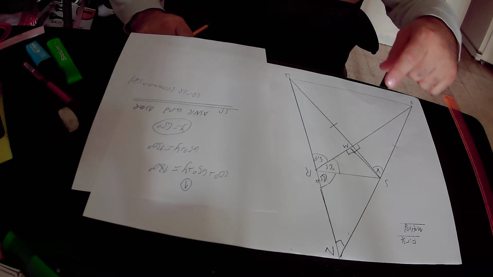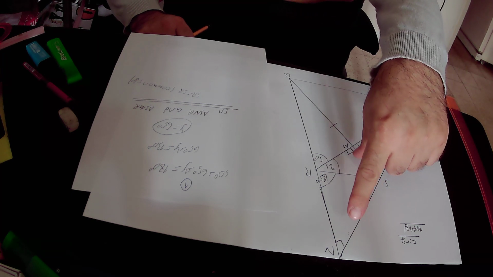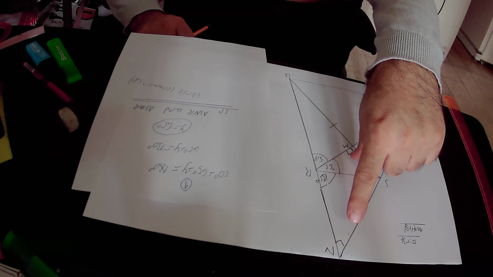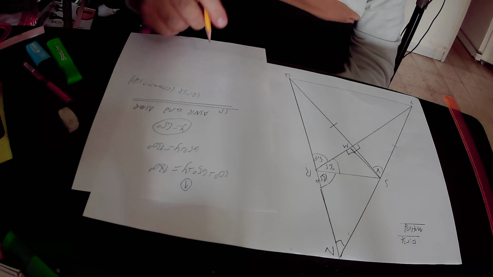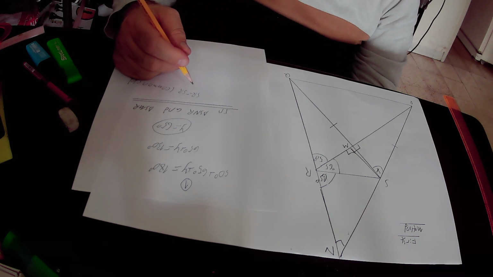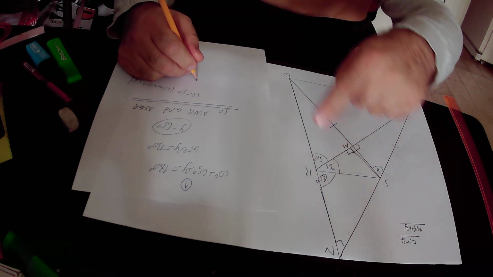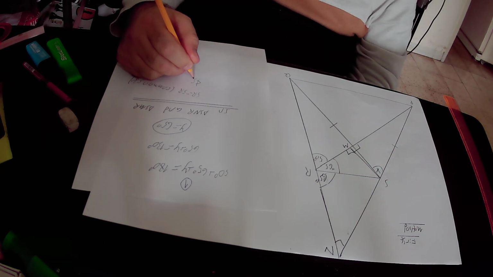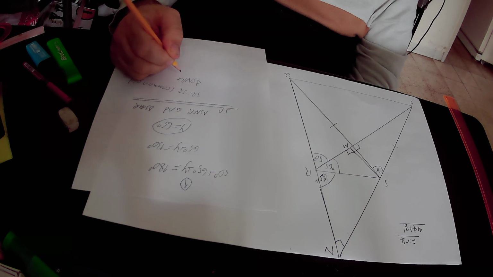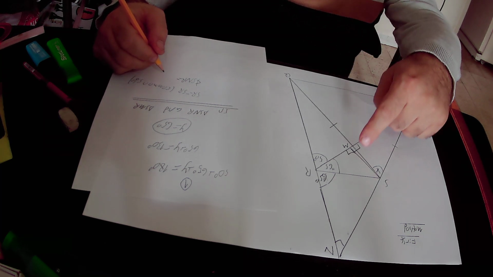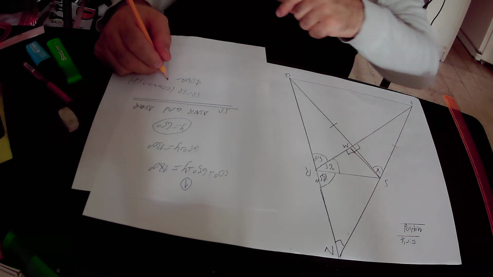And we also know that those two angles are right angles, therefore they are equal to each other. So angle SNR, this right angle, equals angle SMR, this right angle.